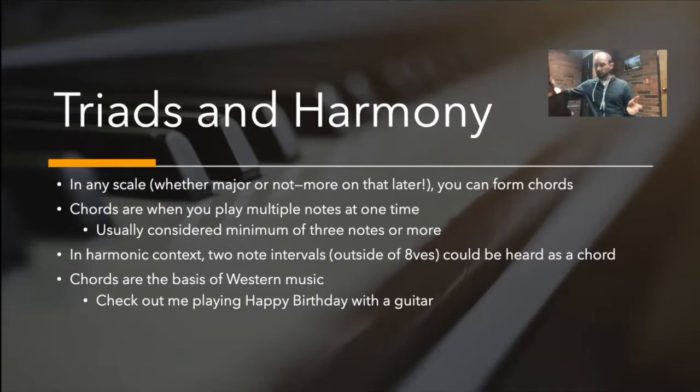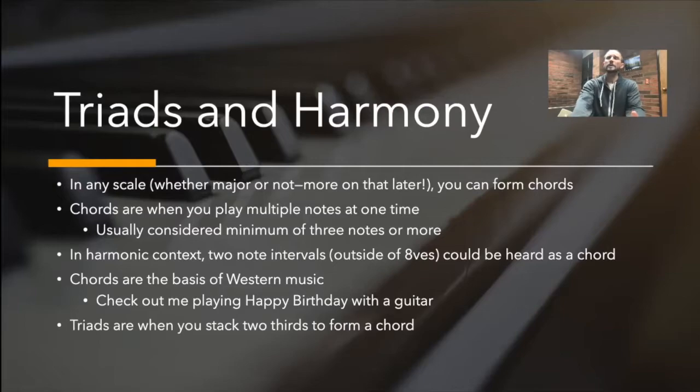So you notice those notes went with the chords pretty well, right? Well, that's because the melody was based on chords, and specifically triads. Triads are when you stack 2 thirds to form a chord. In this case, you have a note that's G, then we went A, B, 1, 2, 3.